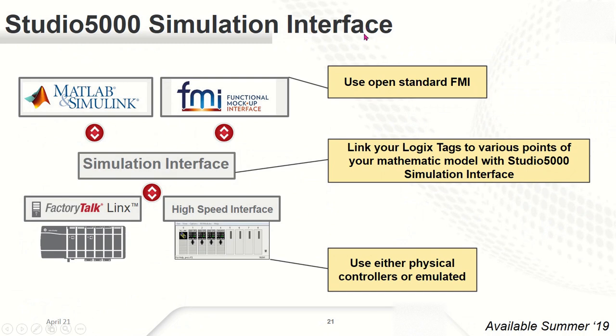Studio 5000 Simulation Interface is with MATLAB Simulink. Then Functional Mock-up Interface: we can interface our virtual controller or physical controller through FactoryTalk Link. Previously we were using RSLinx Classic, and going forward we are going to use FactoryTalk Link for the third-party interface, which is for simulation interface or data analysis purposes.